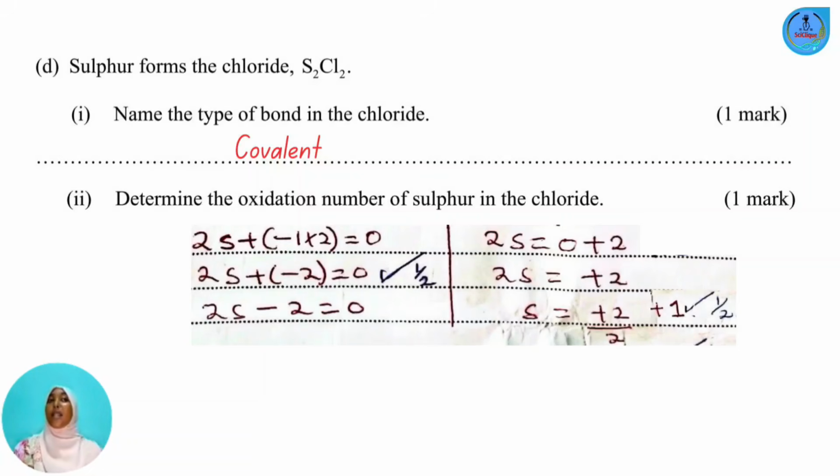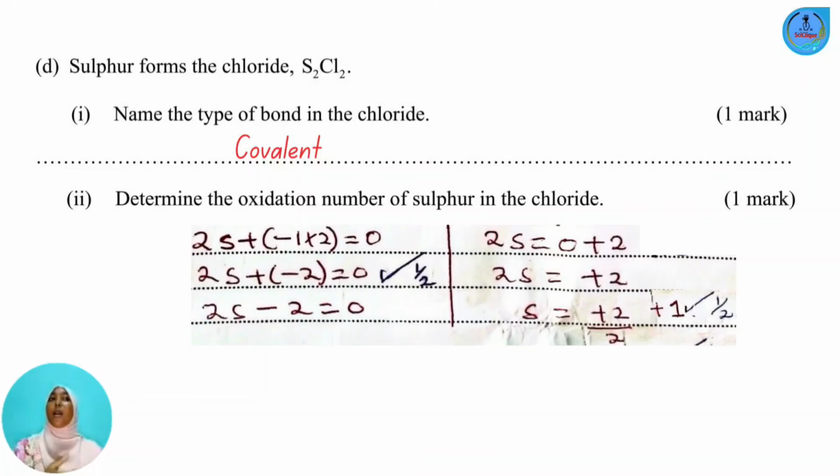So for sulfur, this is what we want to find out. As of now, we don't know the oxidation number of sulfur. So we're simply going to assign it as S, and then tunaeka hapo 2 mbele, because we have 2 sulfur atoms, plus the oxidation number of chlorine, which is -2, equals 0. And from this point onwards, it's just easy.